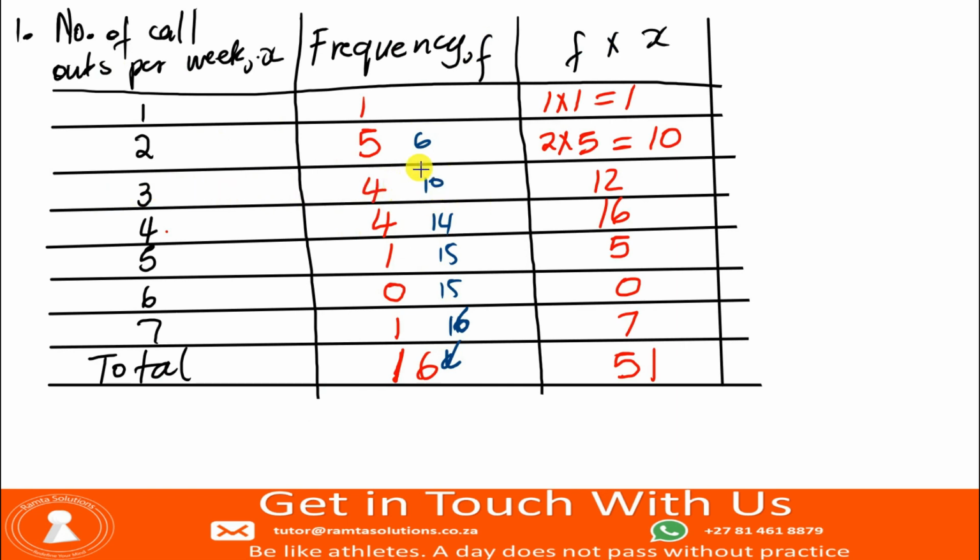From here to here, it's 6 callouts, so here it's 7, 8, 9, 10. So they lie in between this one here. This is where your median lies. So your median is 3 callouts per week.